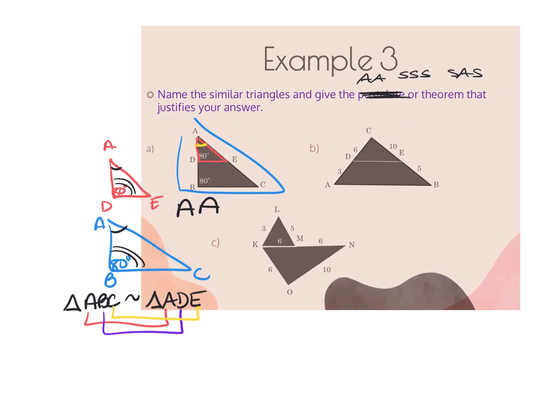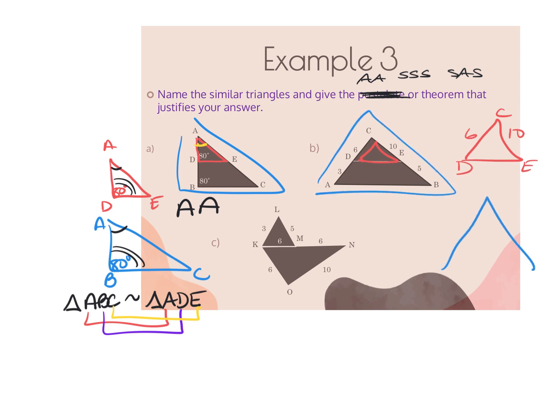For example 3B, again, I'm going to pull them apart. So the little one on the top, I'm going to look at CDE, and it's got lengths of 6 and 10. And then I'm going to do the whole big one, the ABC.